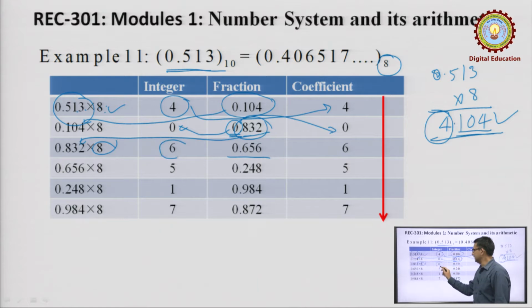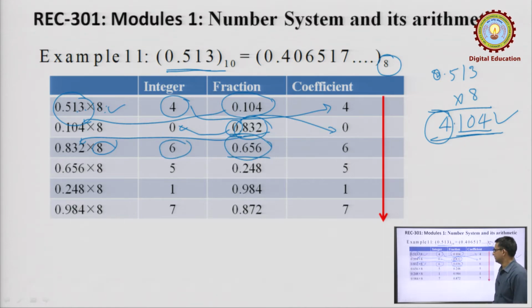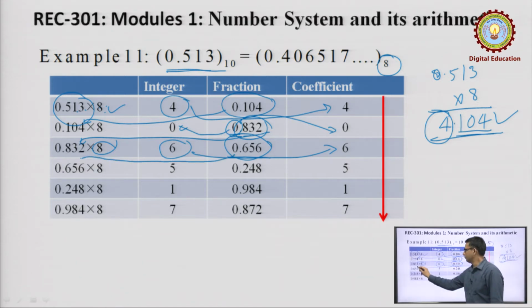So 6 is the integer value and the remaining 0.656 is the fractional value. This 6 moves to the coefficient column and the fraction goes here for the next iteration.